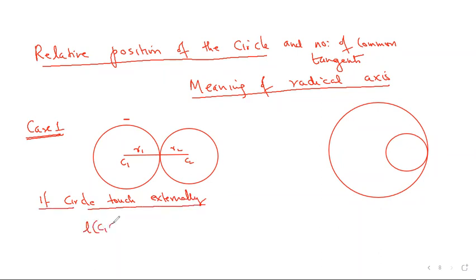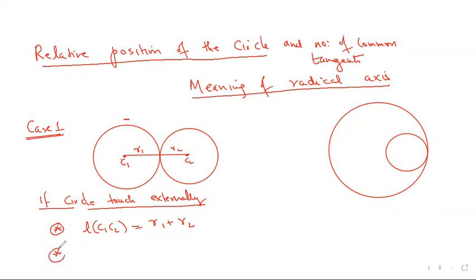The length C1C2, the distance between the two centers, will be the sum of the radii. Is it clear to you? This is how you test. You will find the center of both circles, find the distance between them, and check whether the sum of the radii and the distance are equal. If they are equal, they touch externally.